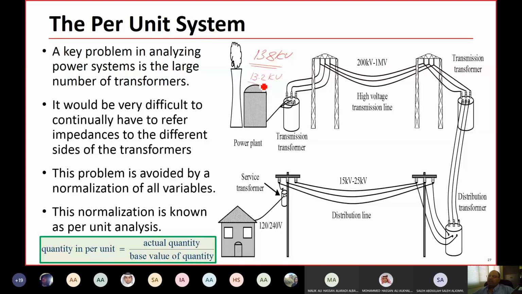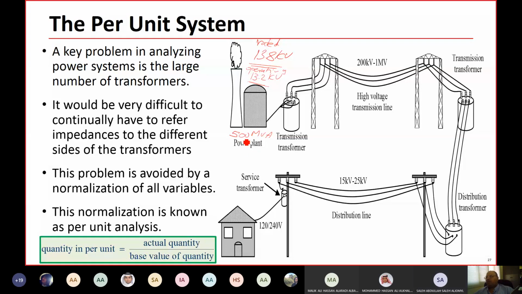This is the operating voltage, this is the rated, and this is the operating value. And as you know, from 360, operating could be different than the rated, right? For example, if you have generation with 500 megavolt ampere, this is the rated value.